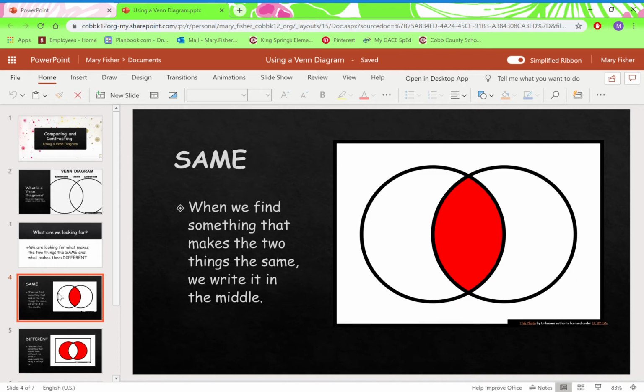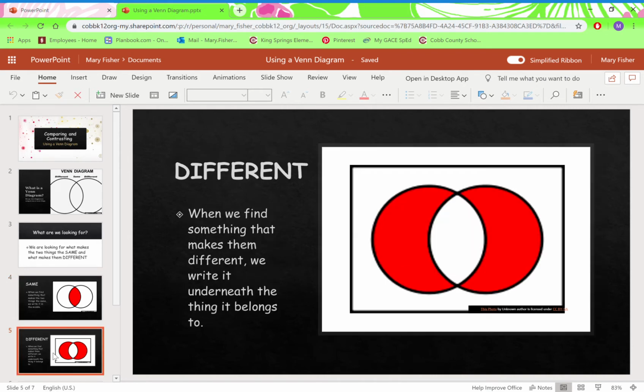The things that make cats and dogs the same, or the things that they have alike, I write in the middle where that red section is. Cats and dogs are both animals. So if I were filling out a Venn diagram, I would write both are animals in the middle because they're both animals. It makes them the same.